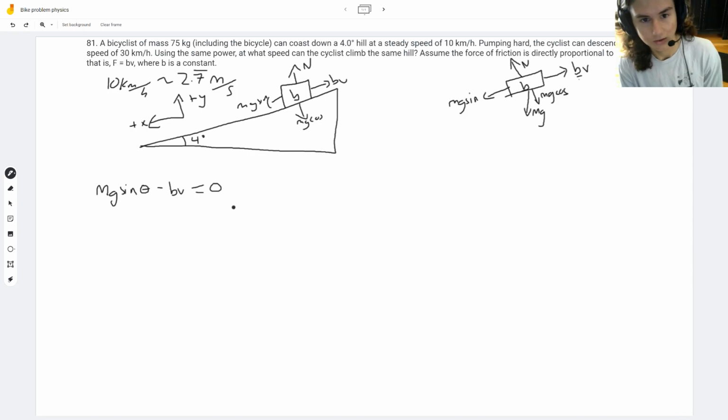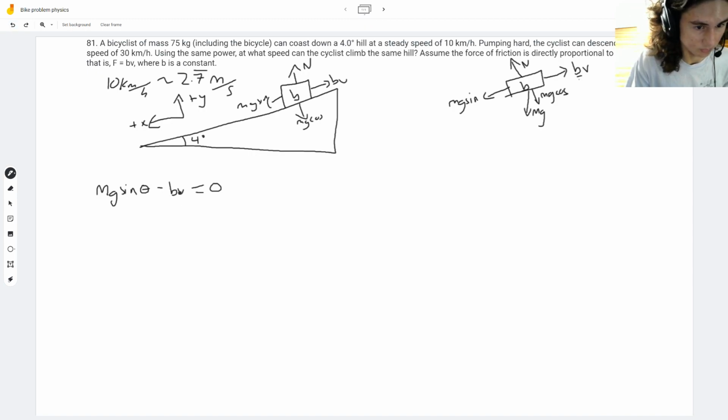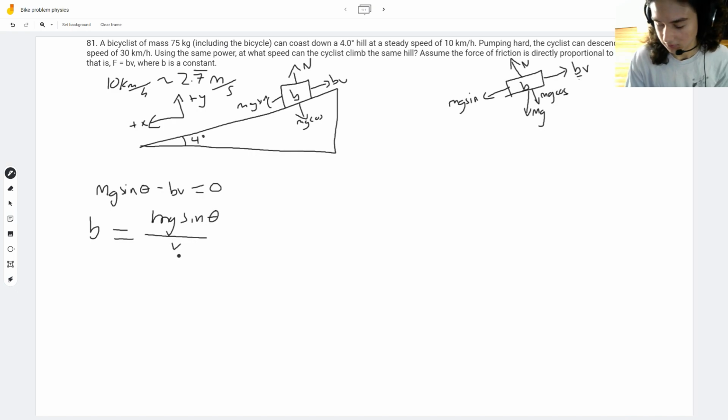The velocity here is 2.7 meters per second, so we can easily solve for b with some quick algebra. b equals mg sine theta over the velocity, and all of these are givens or things we can calculate.